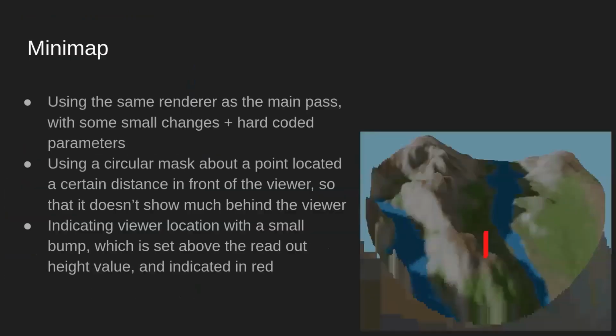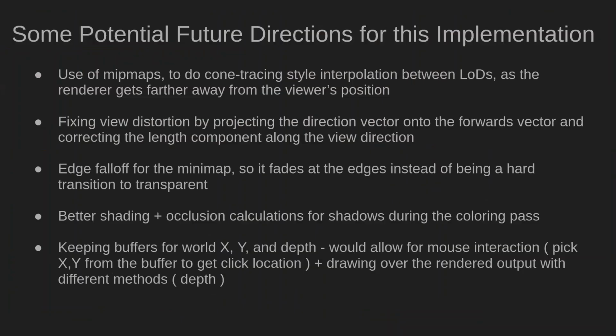A way you could do that is by keeping a depth buffer, which I'm kind of already doing with the alpha channel. But if you kept the X and Y of the world in red and green, you might be able to click and then read from that buffer to get the world X and Y.